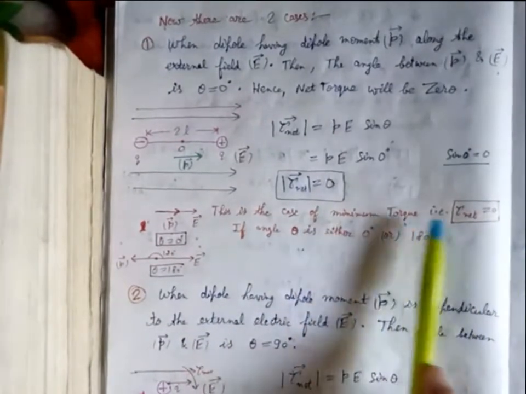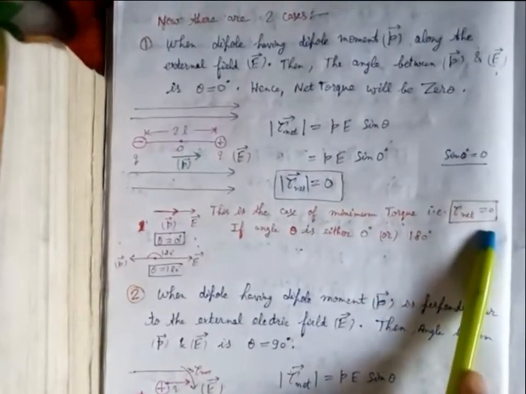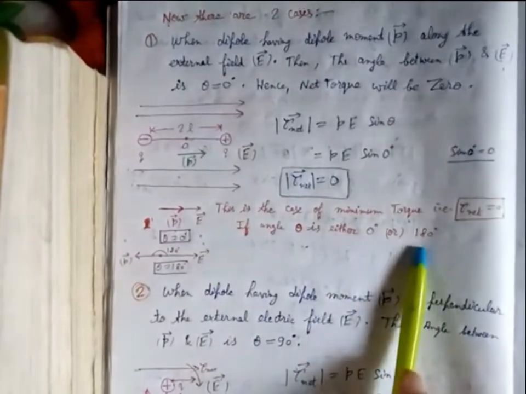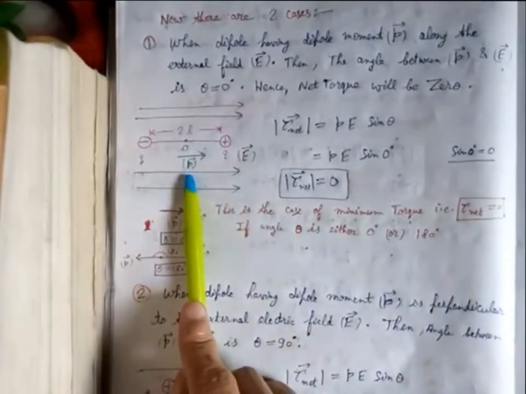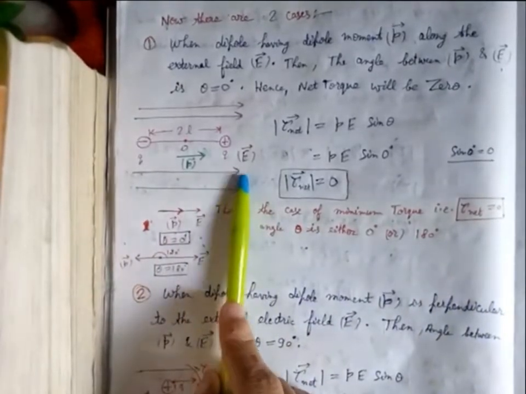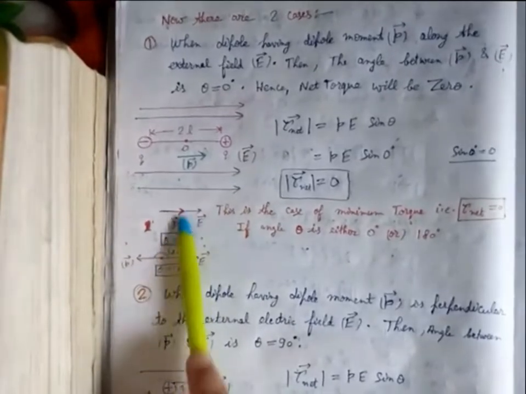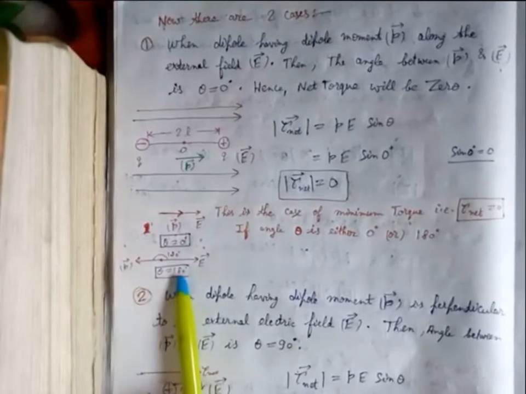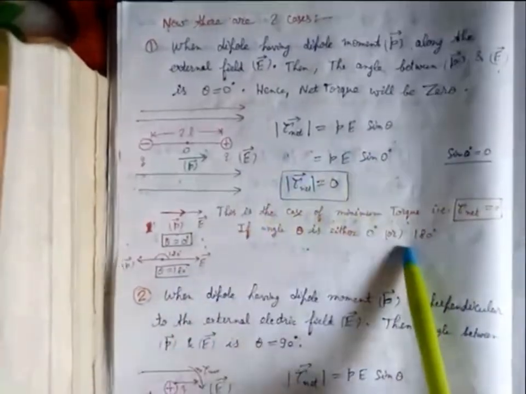The torque will be 0 when the angle theta between the P vector and E vector is either 0 degree or 180 degree. These are the two possibilities. This is the minimum condition for the torque.